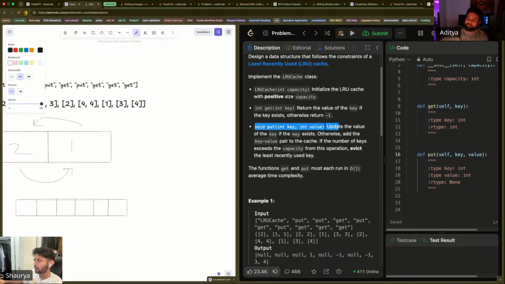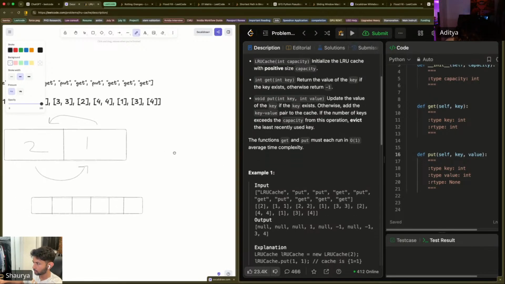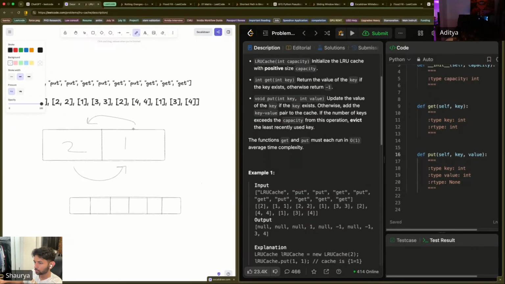Over here it's saying void put, int key, int value: update the value of the key if the key exists. Otherwise, add the key-value pair to the cache. If the number of keys exceeds the capacity from this operation, evict the least recently used key.